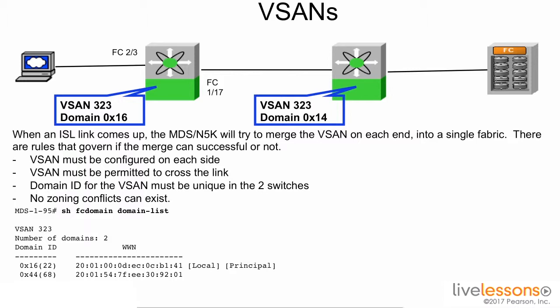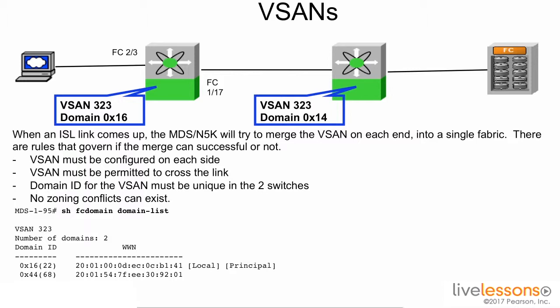So if I have vSAN 323 on one switch, I need to have vSAN 323 on the other switch before that vSAN is permitted to cross the link. That vSAN must also be allowed on that trunk link or that ISL. And the fabric domain ID for each switch must be unique. And finally, there can't be any zoning conflicts, which we'll learn about later on in this slide.